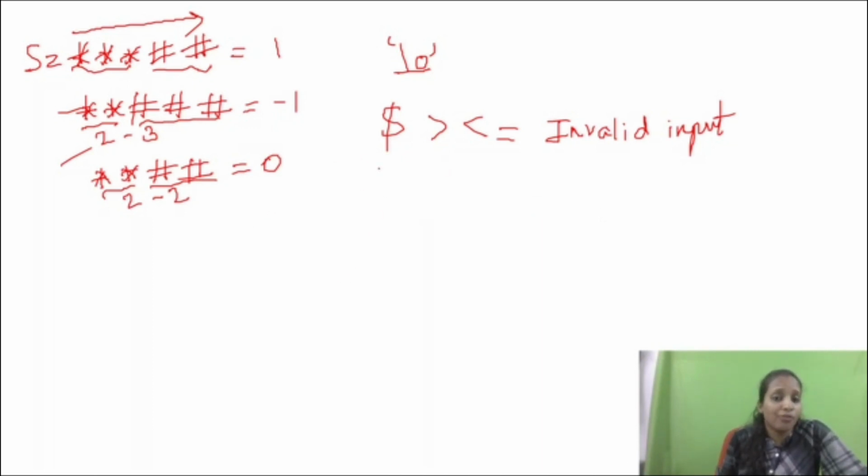We will use a for loop, and inside the for loop we will check each character starting from the 0th position till the last position. If this character is equal to star, we will increment the star counter value. Otherwise, if the character is equal to hash, we will increase the hash counter value. Otherwise, we will print invalid character or input or anything.